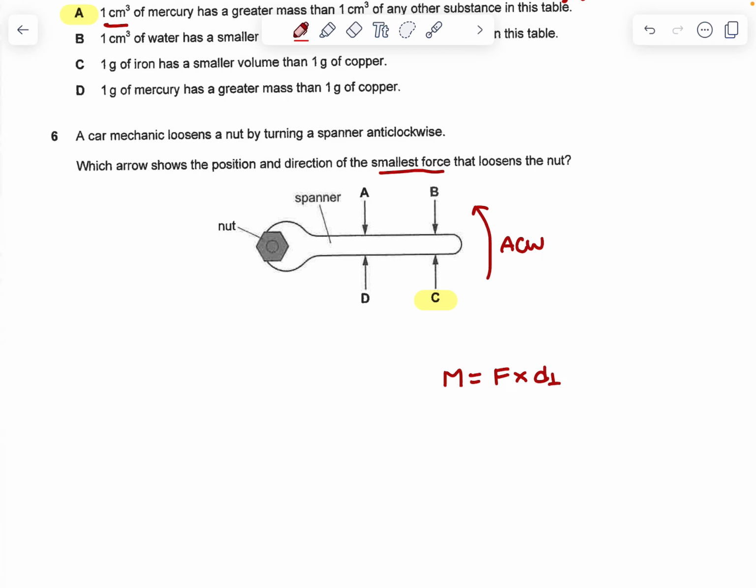If I want the smallest force, I will need to have the largest perpendicular distance. So for this type of question, first you find where the pivot is, draw the triangle, pivot, and this will be the largest perpendicular distance. And since you want it to be an anti-clockwise moment, the force must be in this direction.